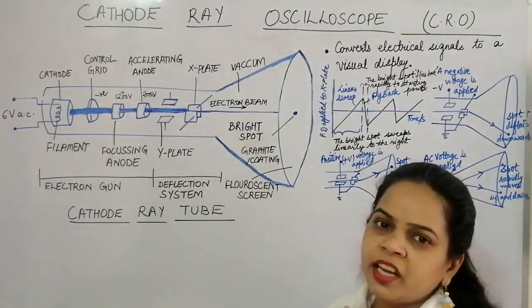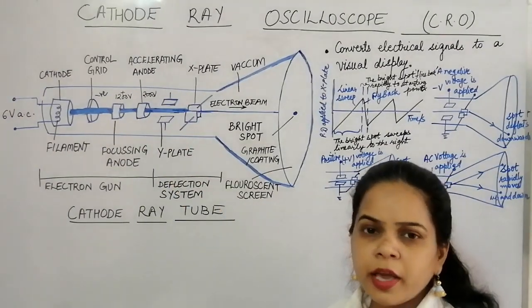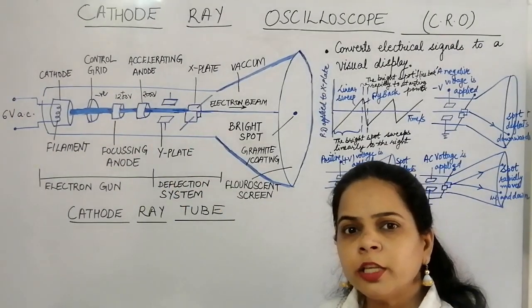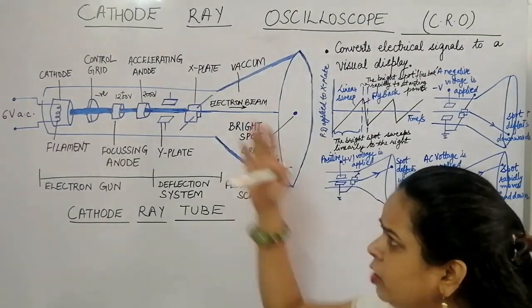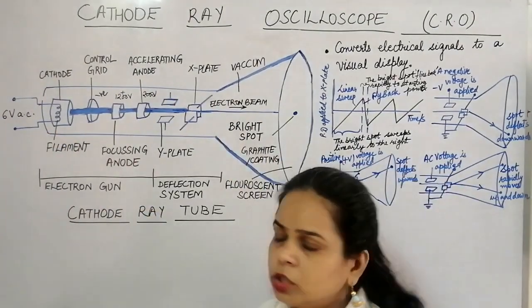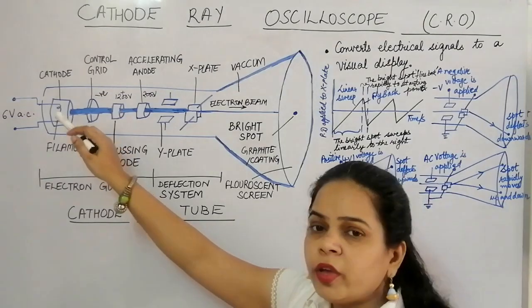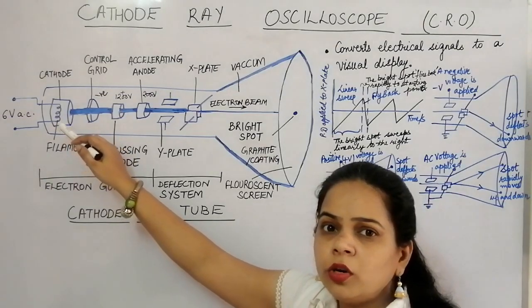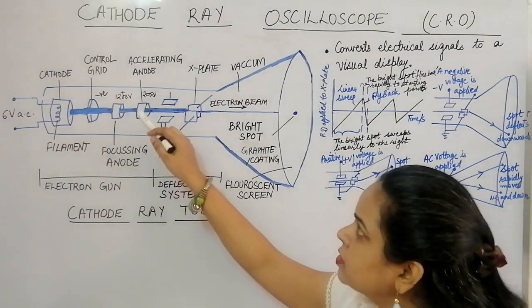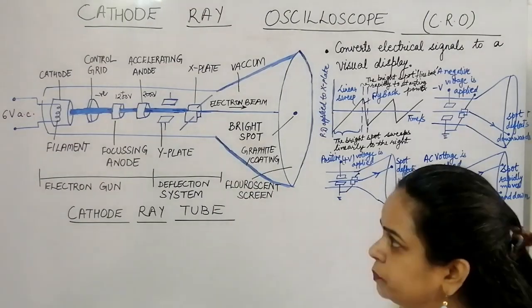This is the work of the second, accelerating anode, which makes the electron beam move much faster than it was coming from the cathode. So the velocity of the electrons when liberated by the cathode is now much higher when they come out of the accelerating anode.